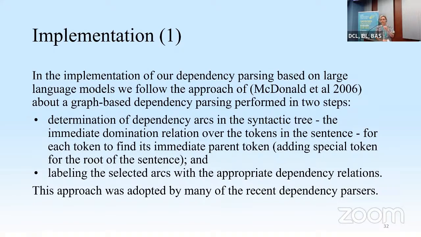So for each token, we want to see what the parent is, what it depends on. Okay, and then when we do that, to label the selected arcs with the appropriate dependency relations. So this is not a novel approach, this is a very popular approach. So we use this.